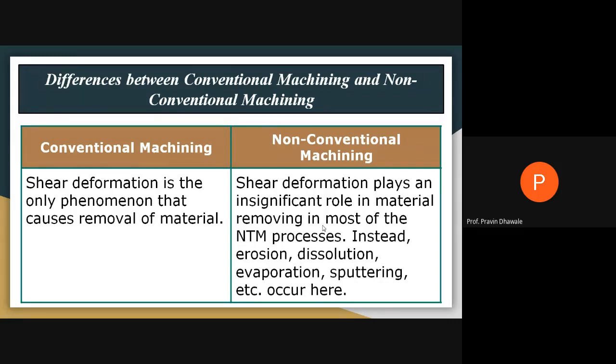That is, whatever material is removed from the workpiece in the form of chips, it is because of shear deformation of the material. Are you getting? Whereas in the non-conventional machining process, shear deformation plays an insignificant role in the process of material removal.